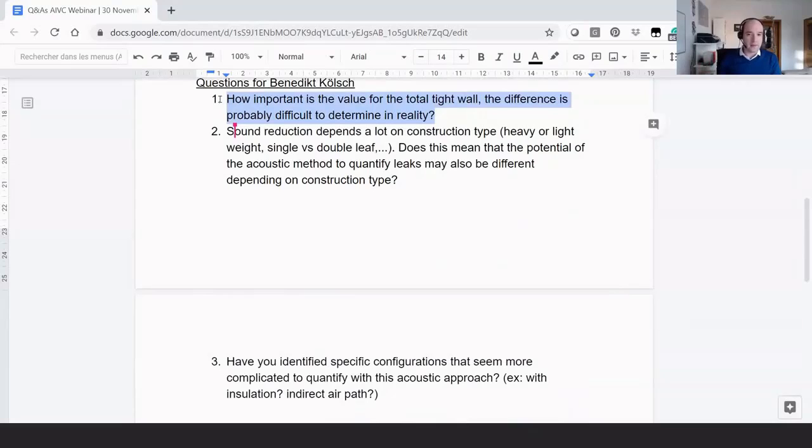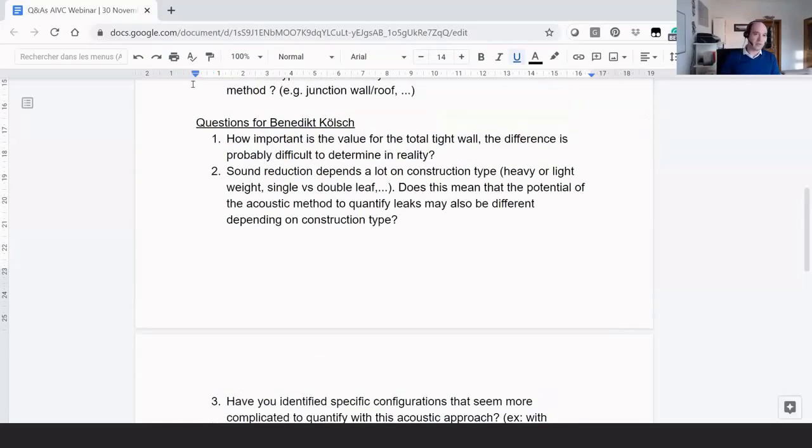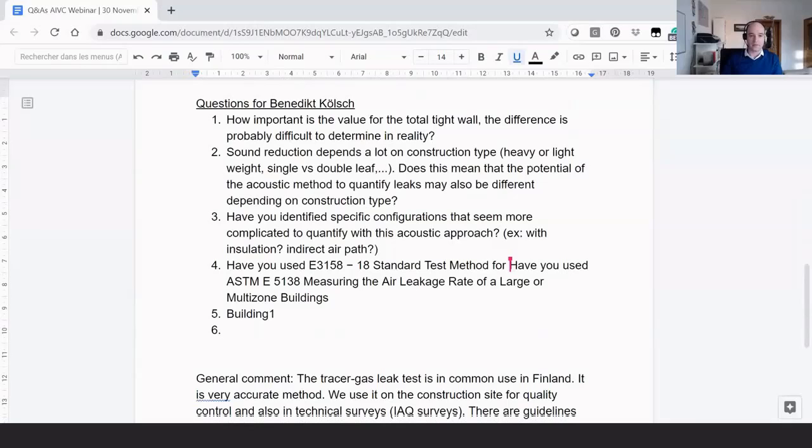For implementation in real buildings, if we are able to localize the leakage spots, it might be an opportunity to do this measurement at these leak spots, then determine parts of the building where the wall is not leaky at all, and use this as a reference method. But we have to determine this in the future.